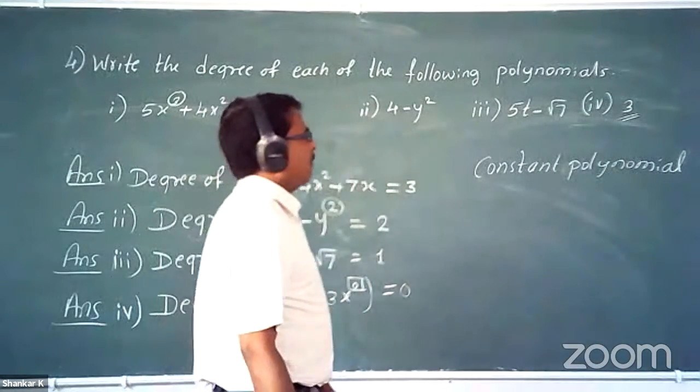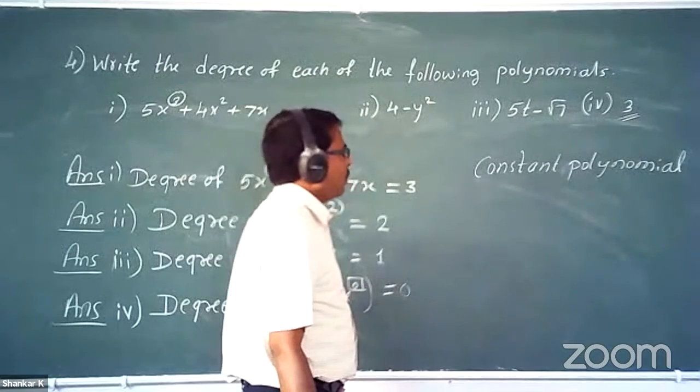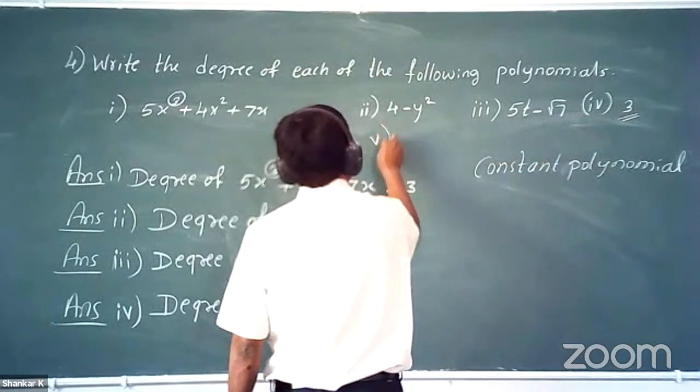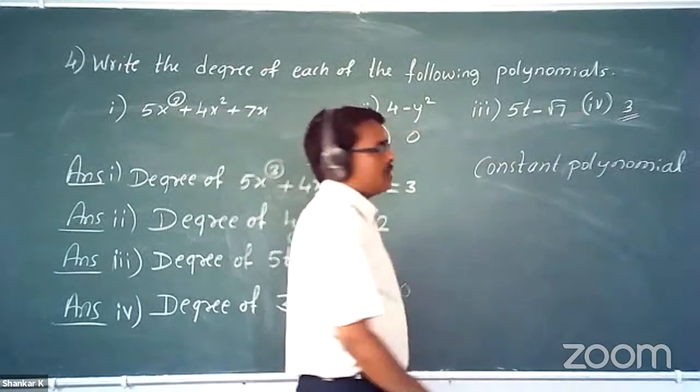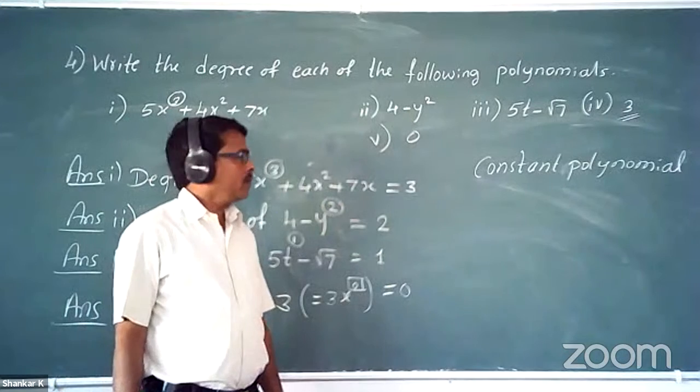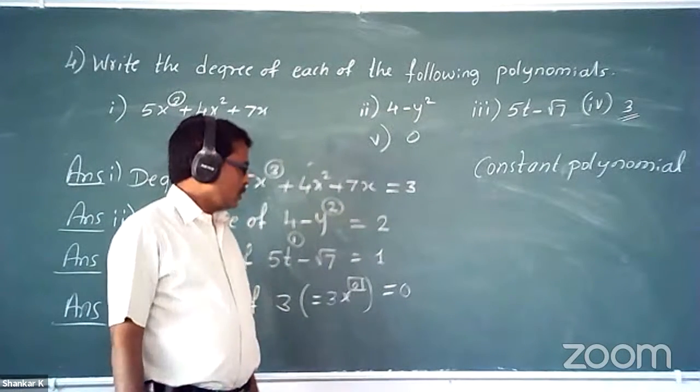What about the degree of 0? For example, if one more fifth problem is there, 0. What is the degree of 0? Some say 1.